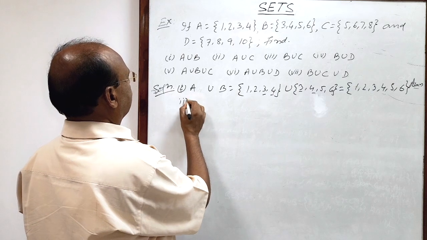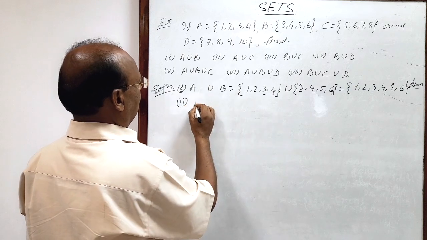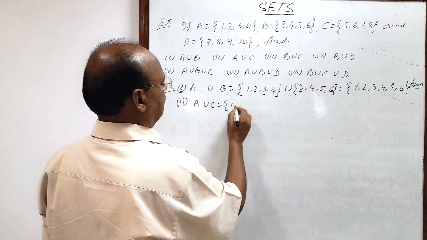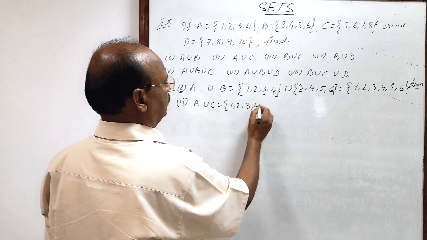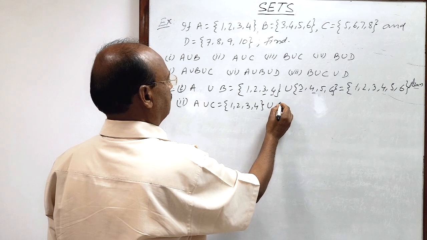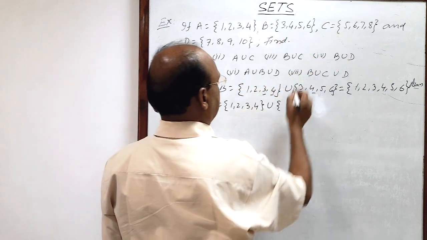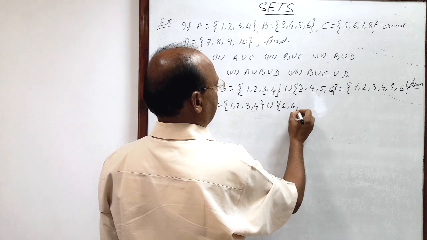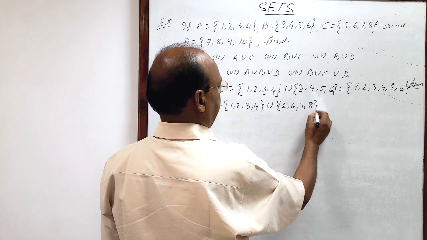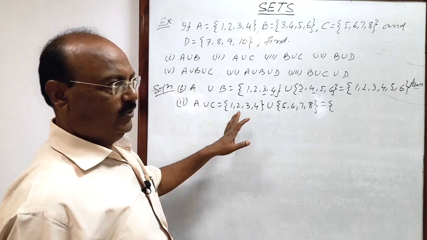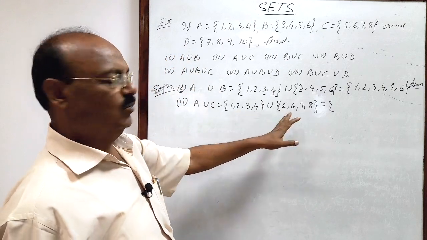Similarly, second is A union C. A is having elements 1, 2, 3, 4, and C is having elements 5, 6, 7, 8. For the union of these two sets, again we have to collect all the elements from both the sets.